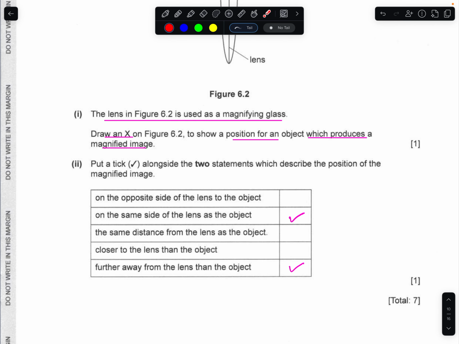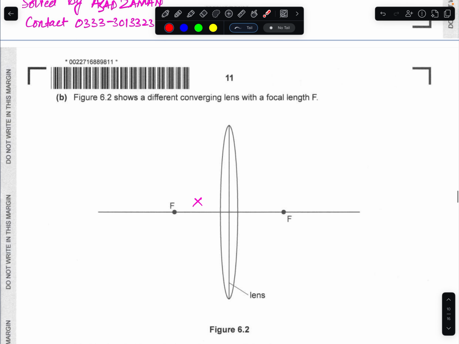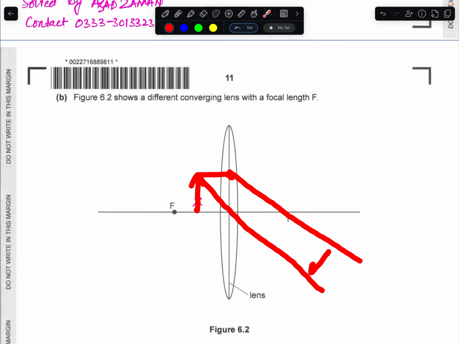Now put a tick alongside the two statements which describe the position of the magnified image. So where is the magnified image? On the same side of the lens as the object. You can see over here this cross. If the object is placed here, then this ray is passing through the focus point and the other one through the center, and they are not meeting anywhere on the opposite side.